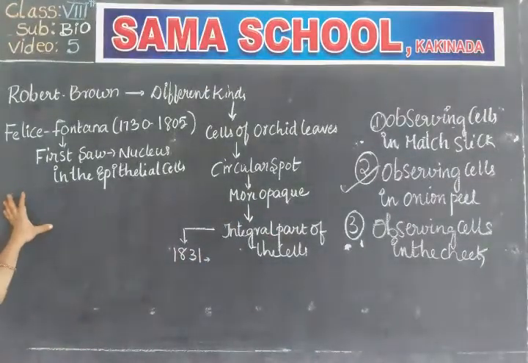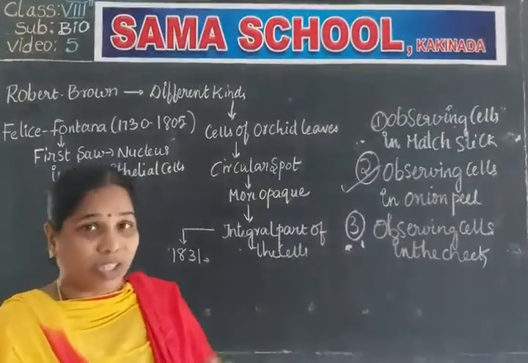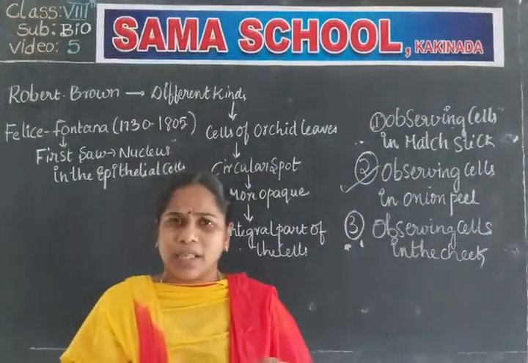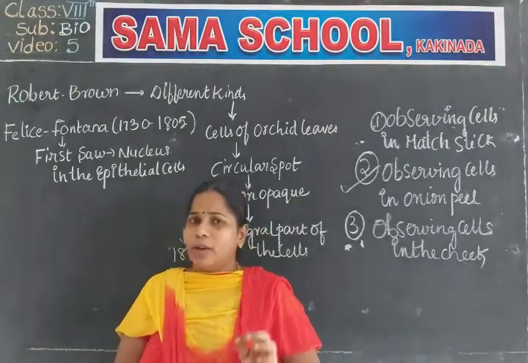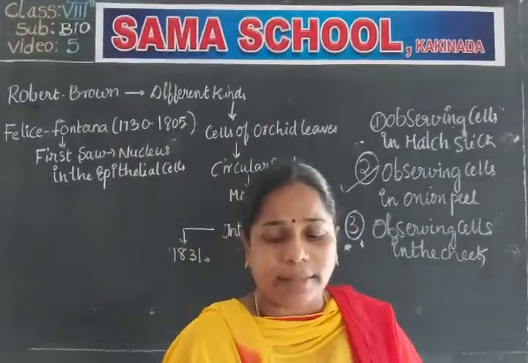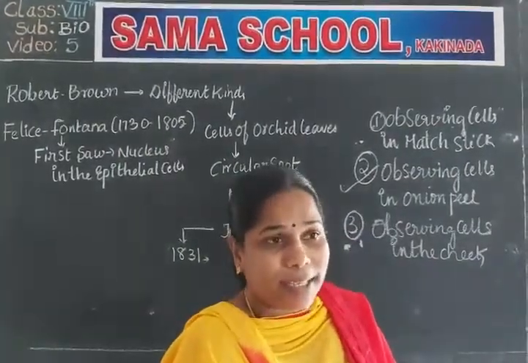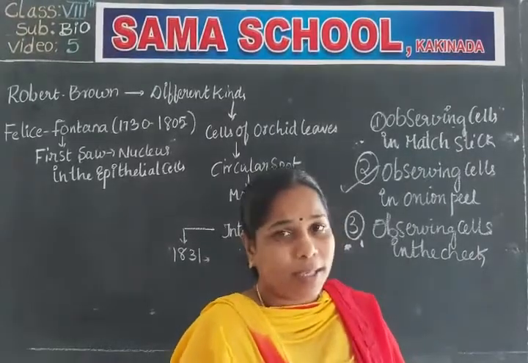Now I want to tell about significant observation. Significant means here it is a milestone. You know that Robert Hooke discovered the cell, and when he discovered it in the 16th century, he gave the name cell.